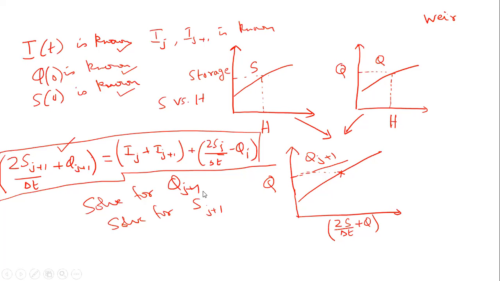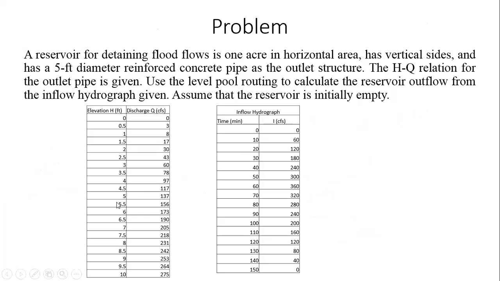Okay. So what we'll do now is we will look at a problem. I've set up this problem in Excel, but we'll just go through the problem statement here and then we will go into Excel and solve it. All right, so let's read the problem. A reservoir for detaining flood flows is 1 acre in horizontal area, has vertical sides, and has a 5-foot diameter reinforced concrete pipe as the outlet structure.